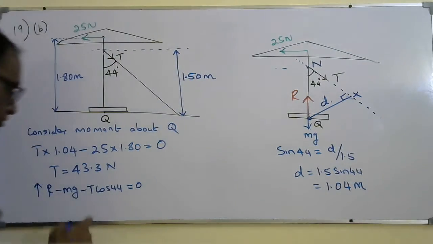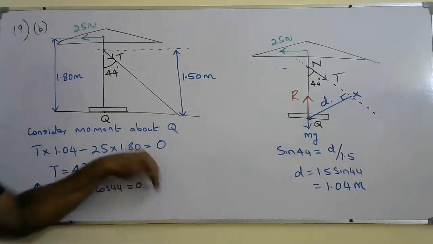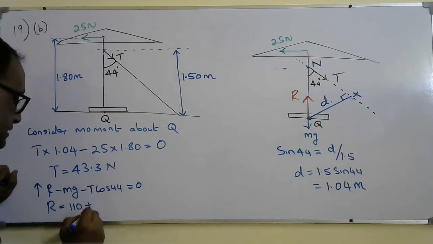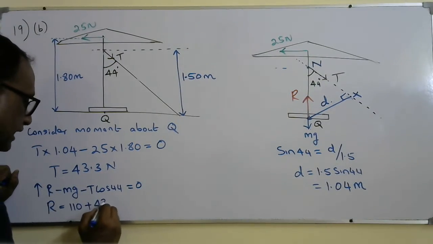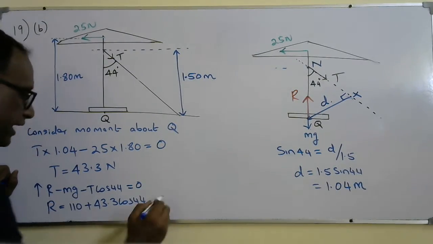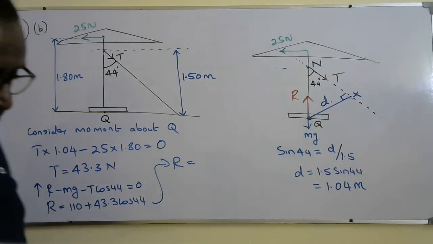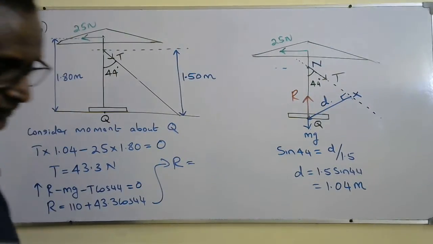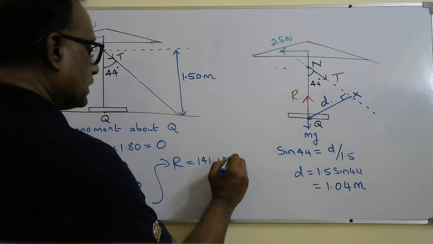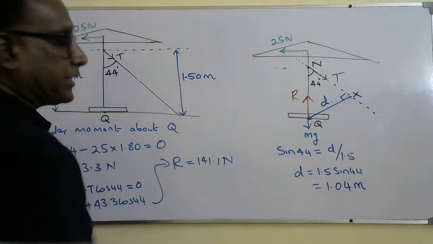So find R. You know the T, you found it. R is equal to mg, take it to the right, so that we already know 110, plus T, 43.3 cos 44. Find the R. So that is how much? You will get 141.1 Newton. So that is the force exerted by the ground on the parasol.